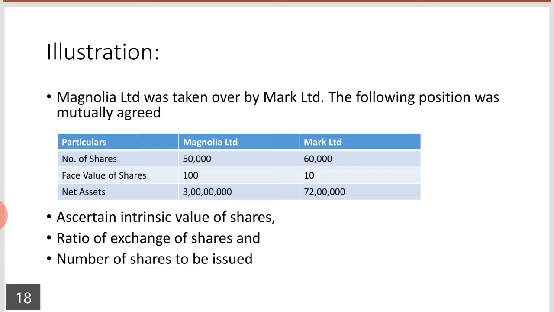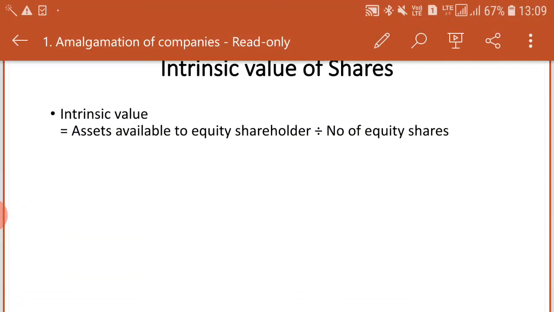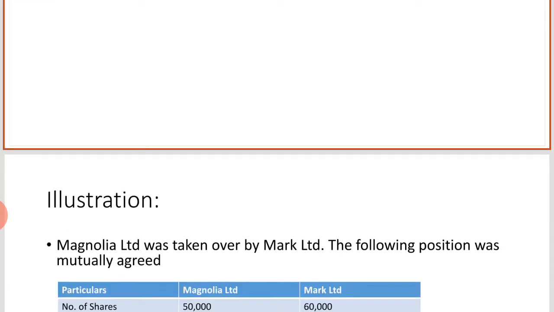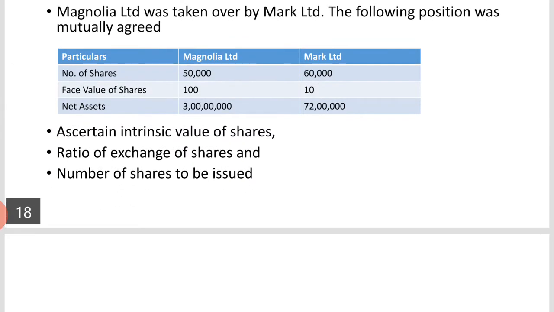There is a formula for finding the intrinsic value of share, that is, intrinsic value is equal to assets available to equity shareholders divided by the number of equity shares. So now let us find out the intrinsic value of share.